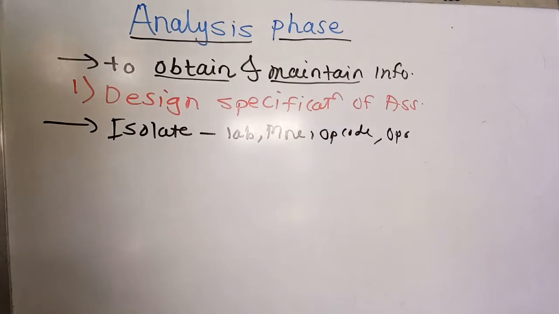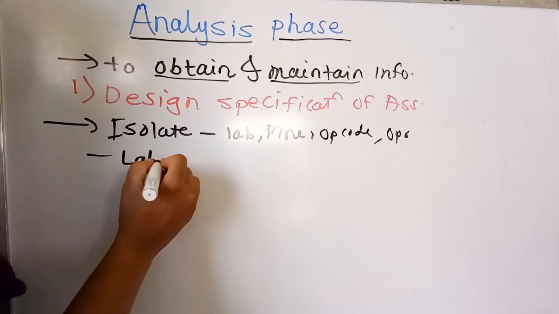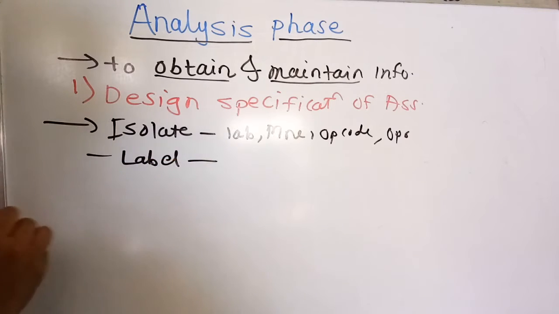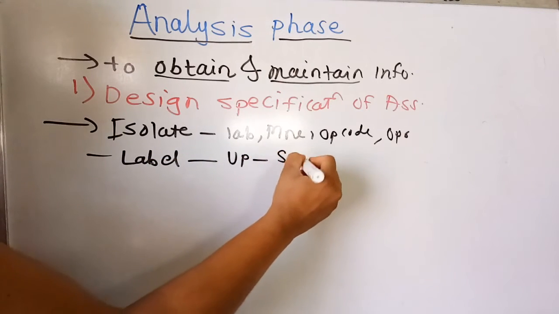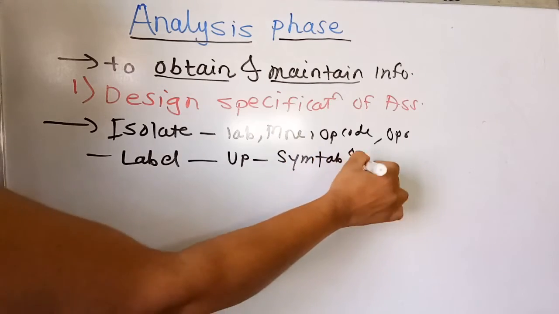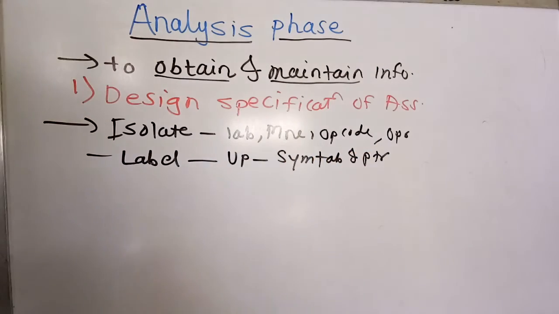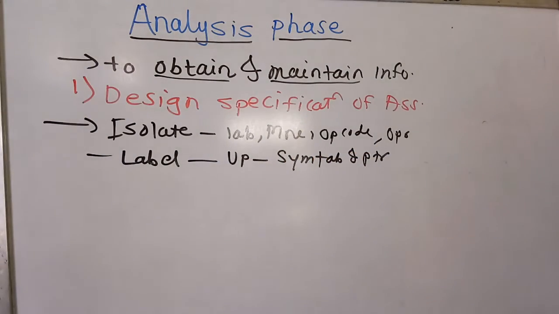First task is that. Second, if a label is present, means when a label comes in the scenario, update the symbol table and its pointer. What is the symbol table? What is the symbol table pointer? All these things we have seen in previous videos.